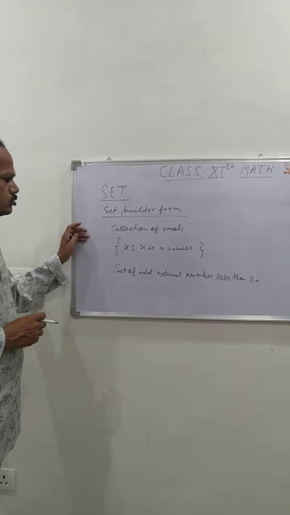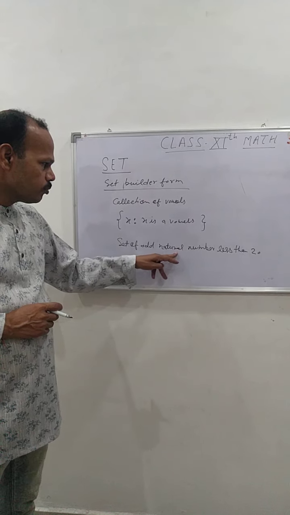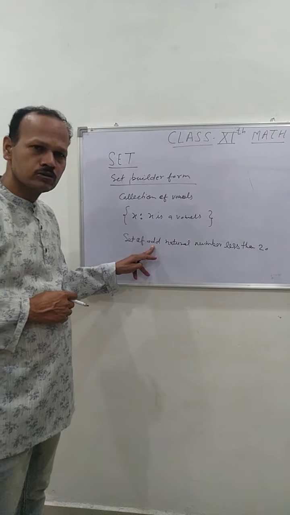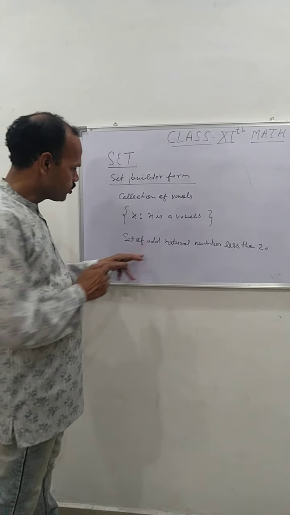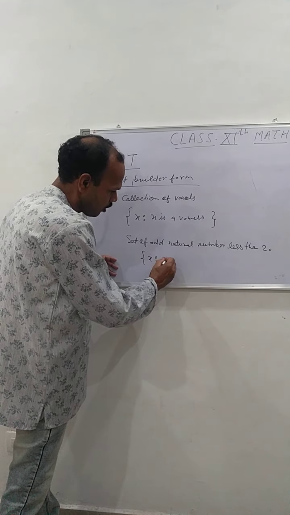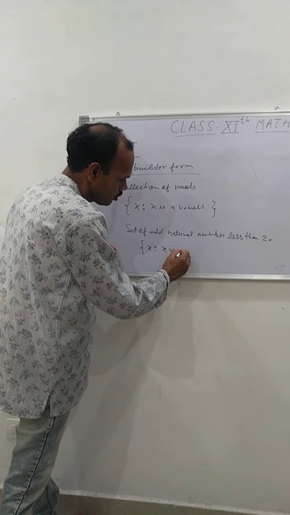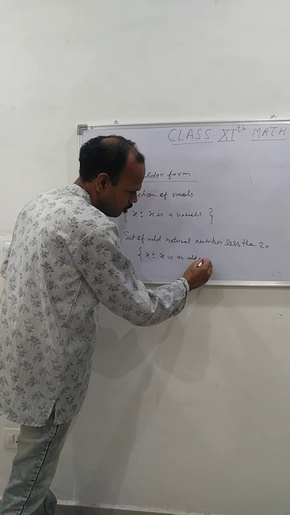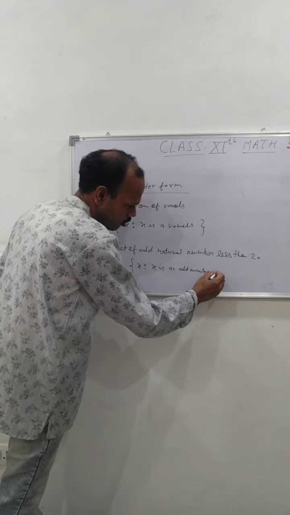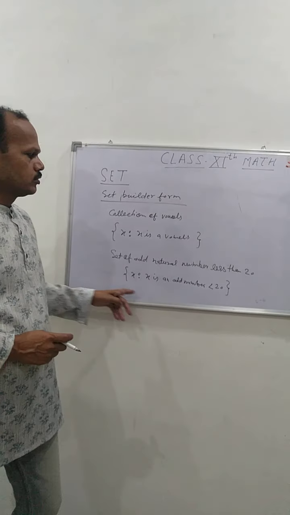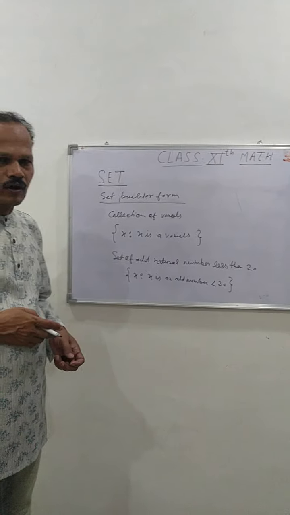In this case, from the question we identify that the natural numbers belong to odd. So odd is a specific property of the numbers. Suppose the element is x. So we can represent it like x such that x is an odd number less than 20. So this is set builder form.